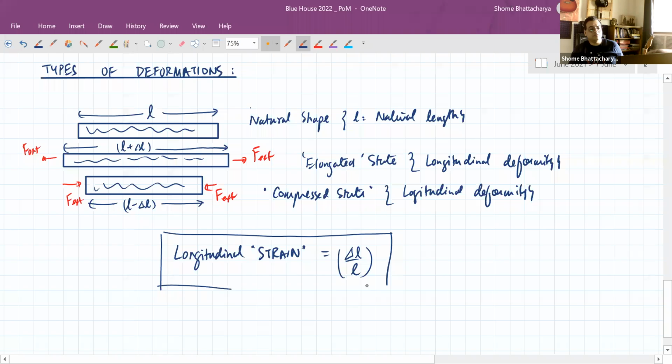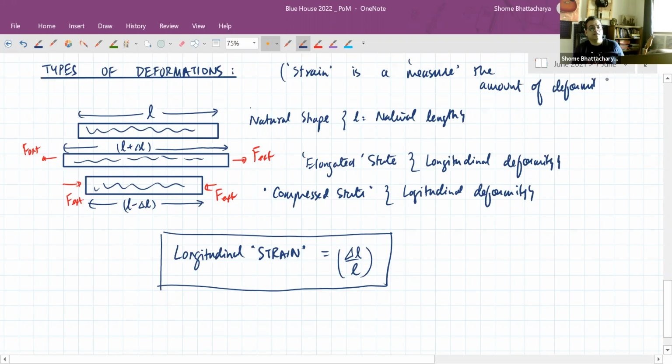So in general, the term strain is used to measure the amount of deformity. And then depending on the different types of deformations, we have different definitions for the corresponding amount of strain.